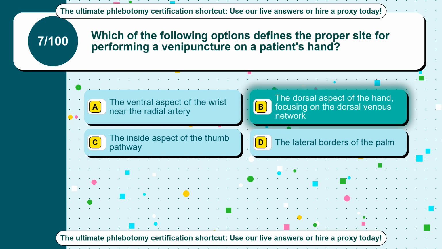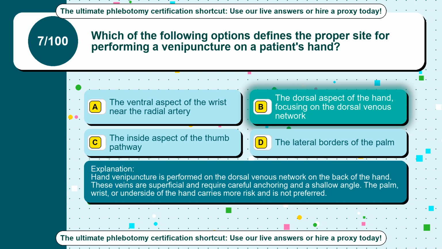The correct answer is Option B, the dorsal aspect of the hand, focusing on the dorsal venous network. Hand venipuncture is performed on the dorsal venous network on the back of the hand. These veins are superficial and require careful anchoring and a shallow angle. The palm, wrist, or underside of the hand carries more risk and is not preferred.